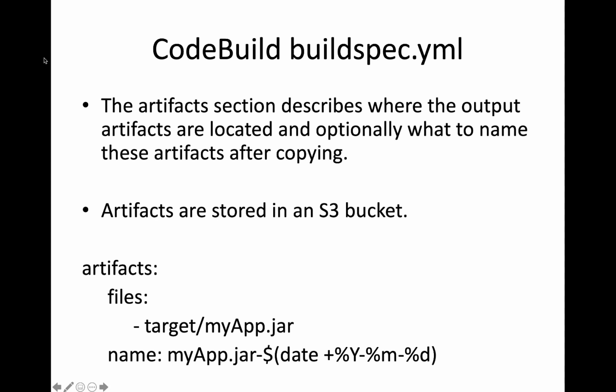And in the example here in this slide, we're defining an artifacts section. We have a set of files. In this case, there's just one file that we are specifying as an output artifact. It's located in the target subdirectory, which is a subdirectory within our application directory.